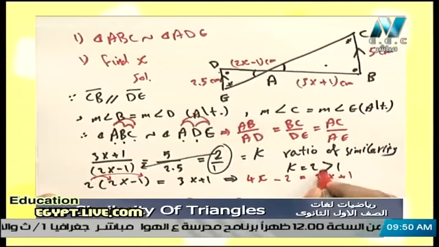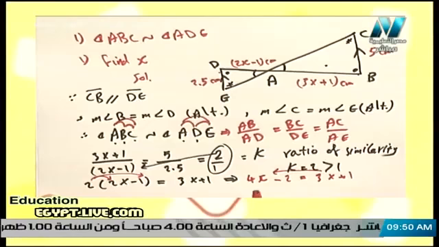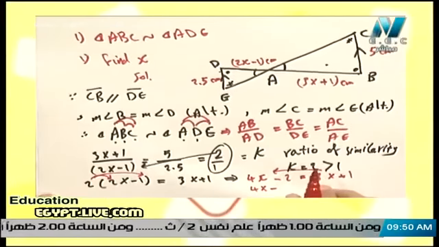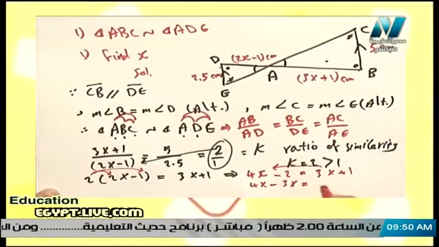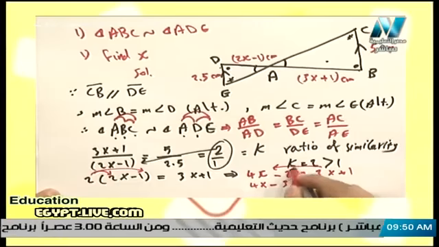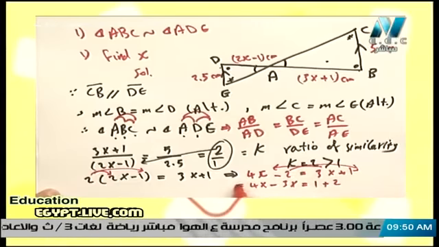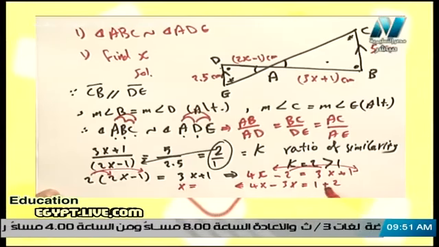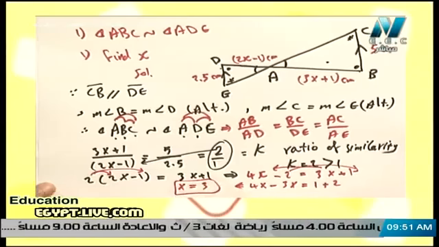We move 3x here to be negative 3x, so we have 4x minus 3x. Okay, 1 plus negative 2 will move here as 2. So we can say 4x minus 3x equals x, and 1 plus 2 equals 3, so x equals 3.